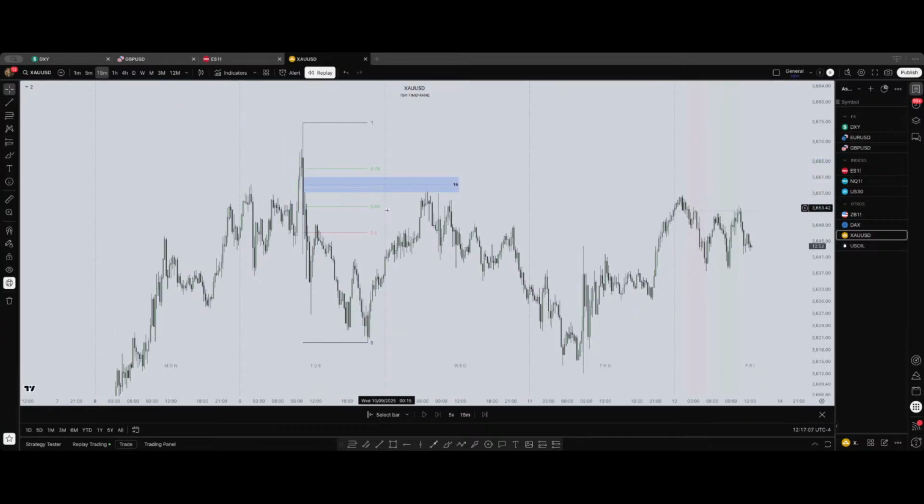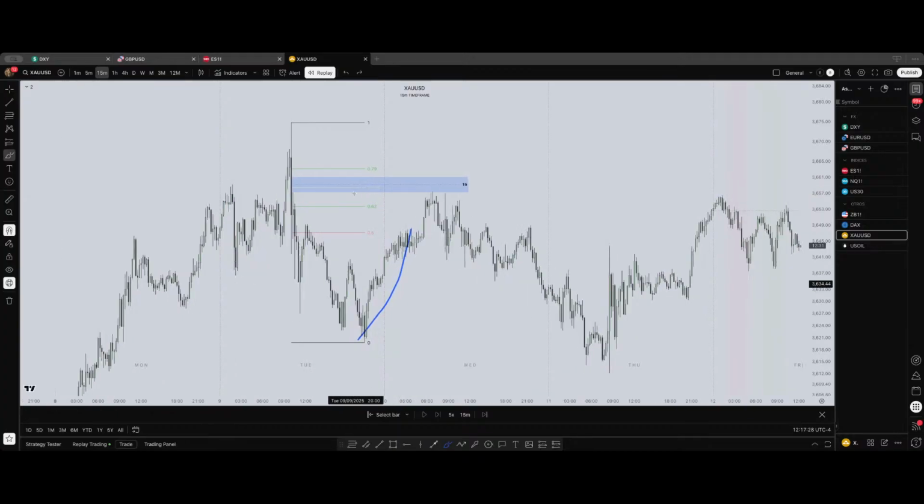It was a beautiful trade. Price is visiting premium. Remember, 0.5 to the upside is premium. And inside premium we have this optimal trade entry zone, which doesn't mean every time will be like this, but sometimes it makes sense because you have some things related to this level.